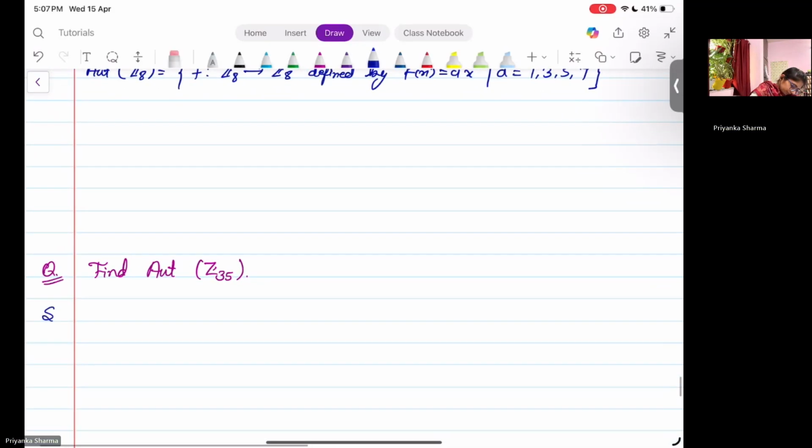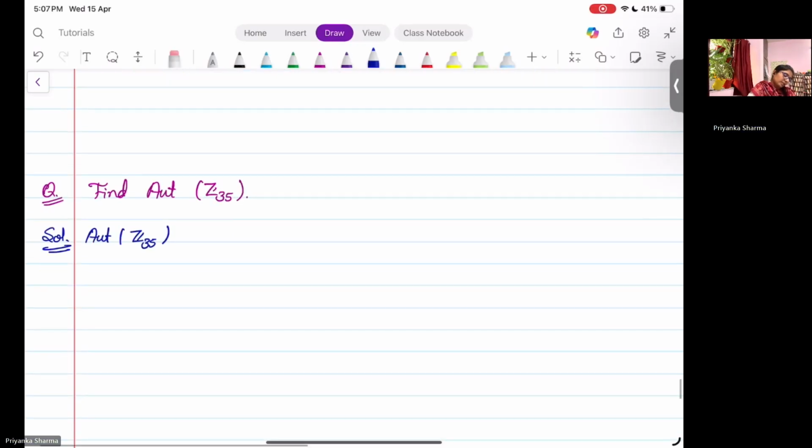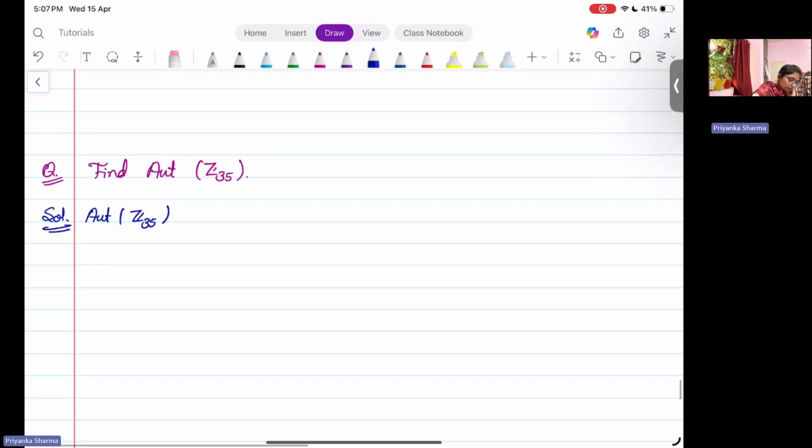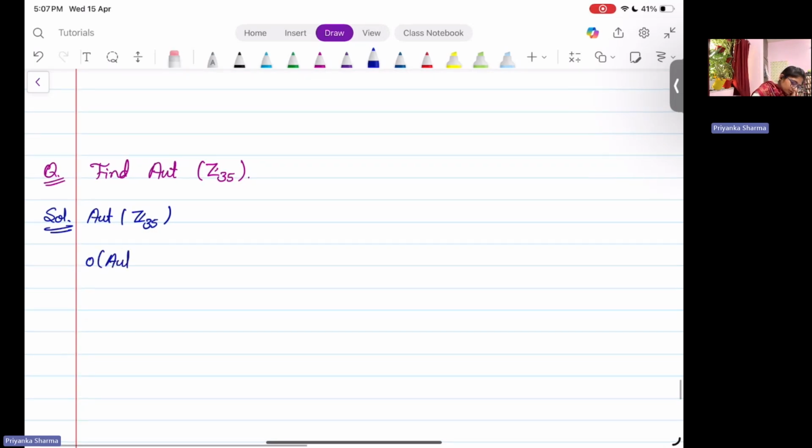So here we need to find the automorphism group of Z35. So what is the order of Aut Z35?